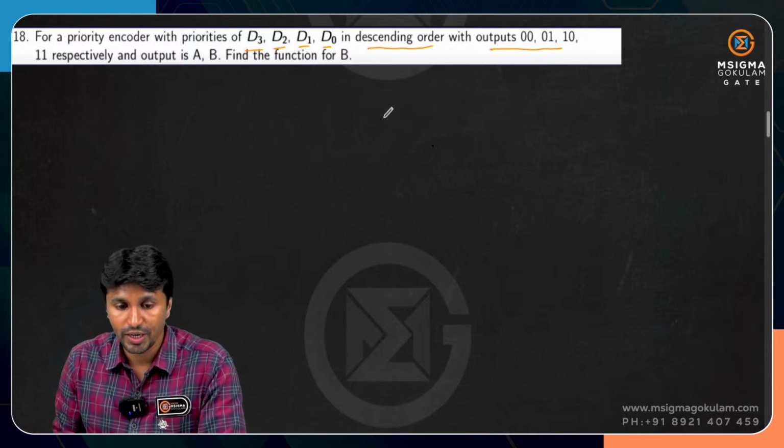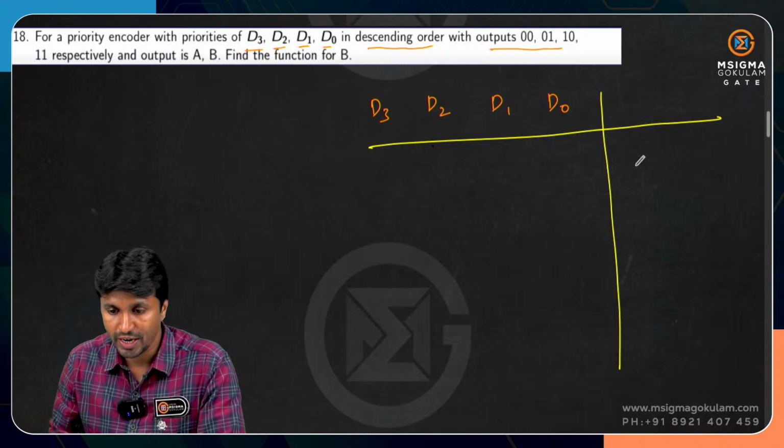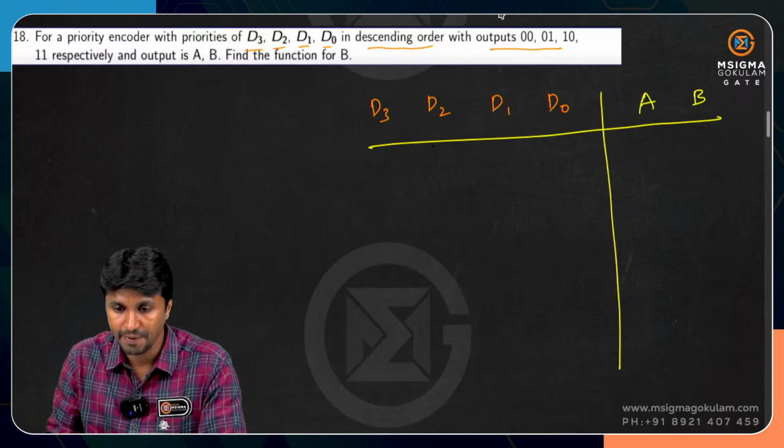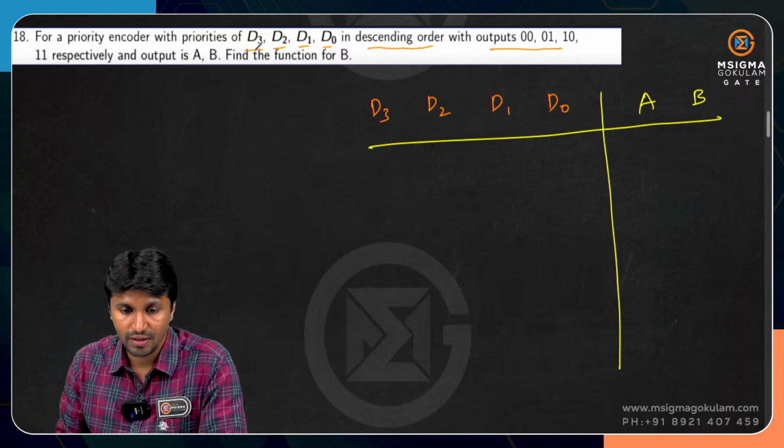So therefore look at this one. This is the inputs of a priority encoder D3, D2, D1 and D0, right. And the outputs are A and B, right. So these inputs have priorities in the descending order, right. So look at this one.